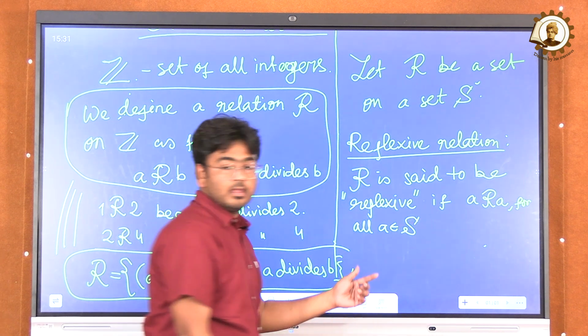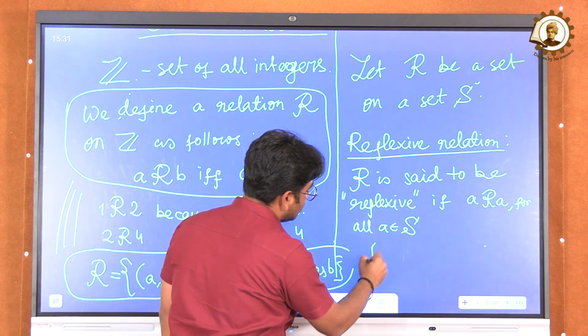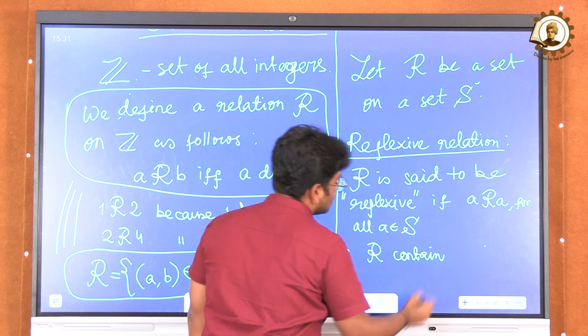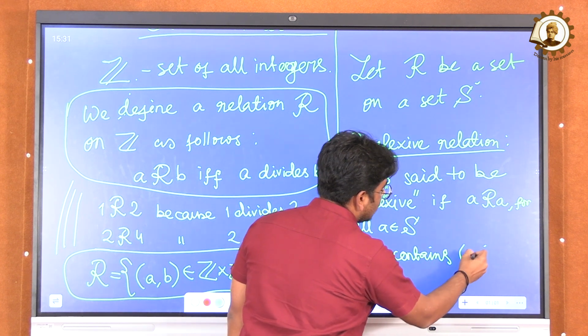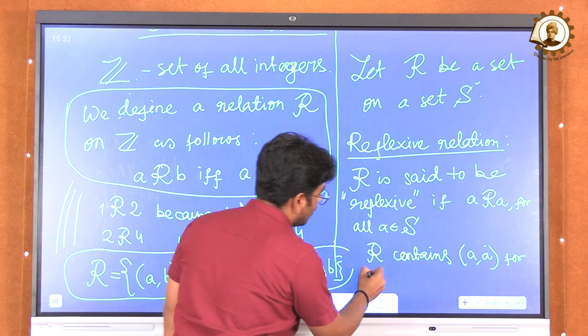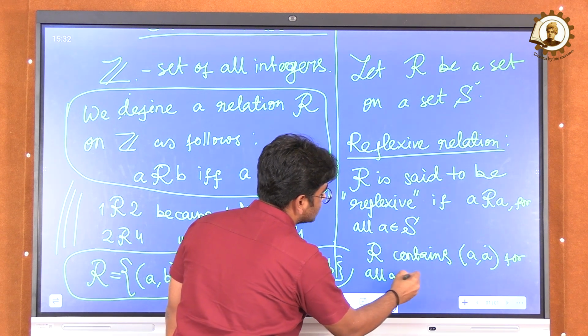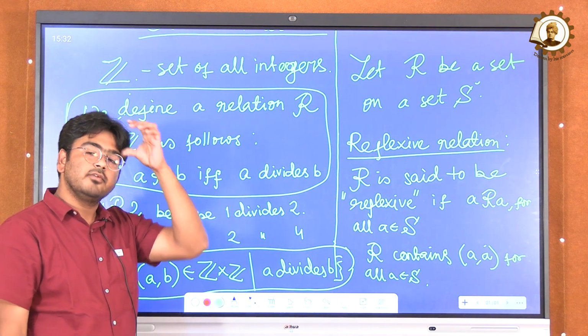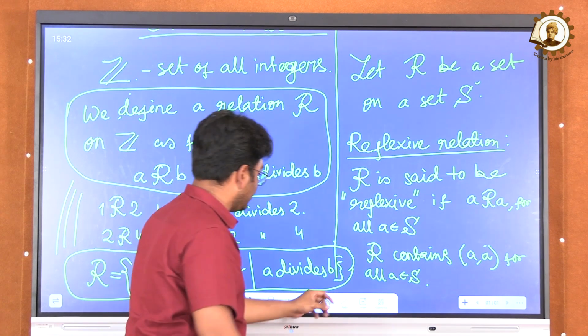This is the same as saying that R contains (A, A) for all A.